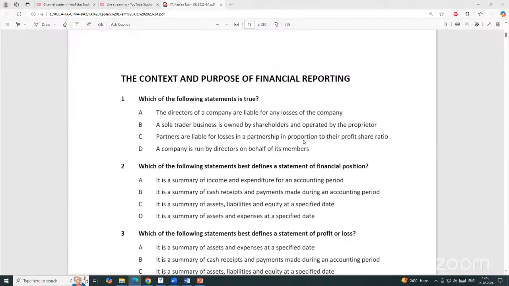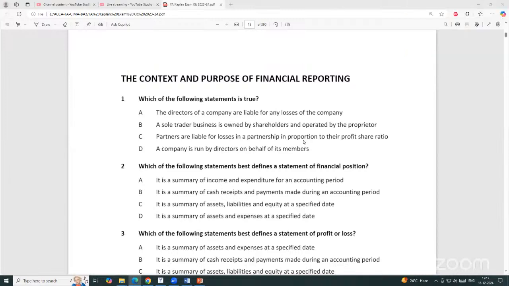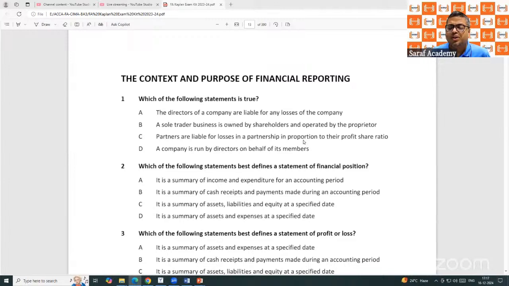In a partnership business, the profit or loss will be shared by partners in the profit sharing ratio. If there is profit, they will share the profits. If there is loss, they will bear the losses. Partners are the persons who will share profit and bear the losses in the profit sharing ratio. Now, point number D, why it is wrong?